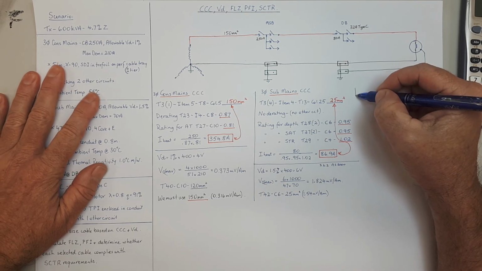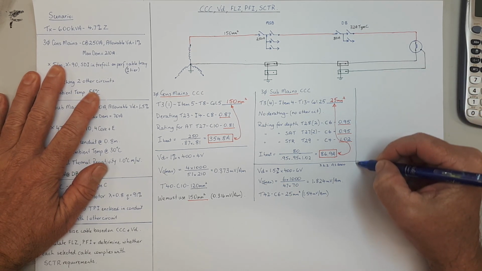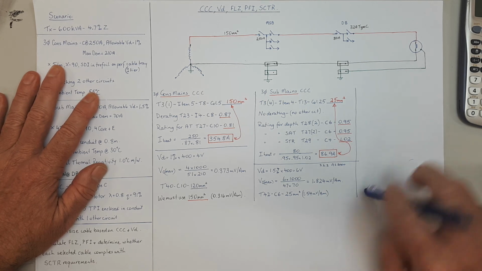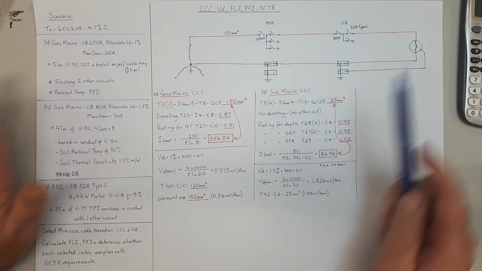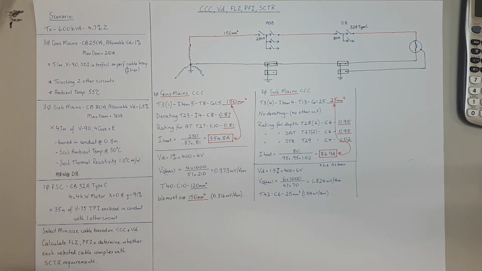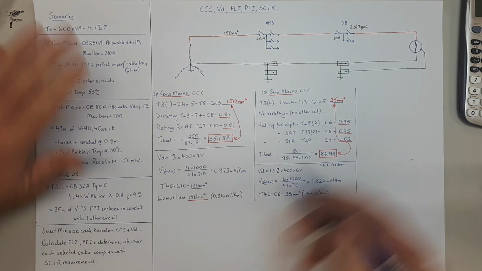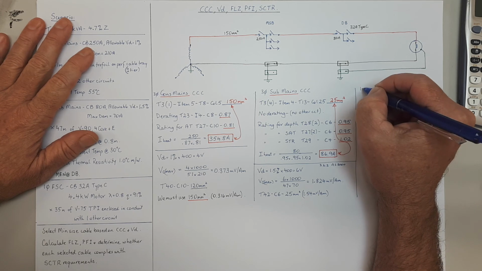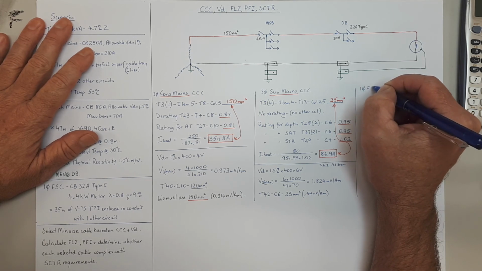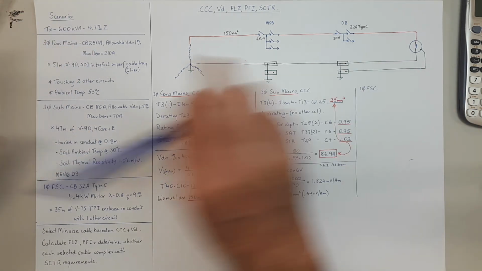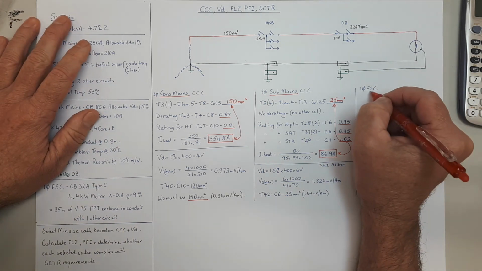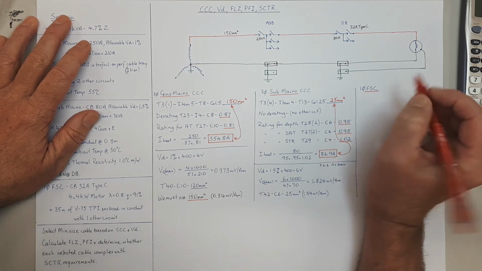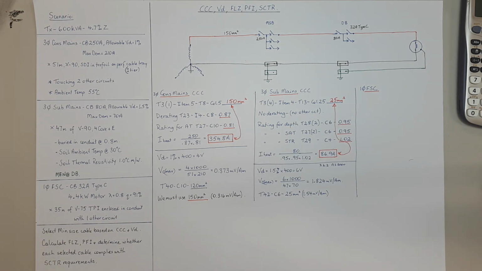So all right, finally we got a final sub-circuit here to deal with. We need the size of that, and first thing we want to do is work out, okay, so it's single phase, but we're not given a connected load.